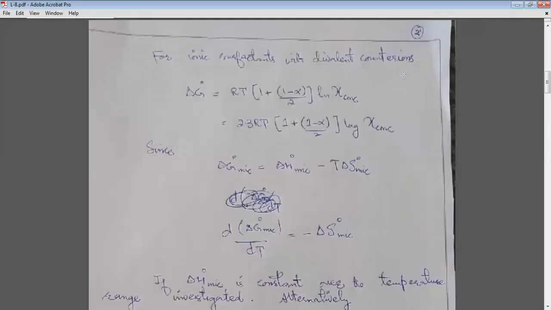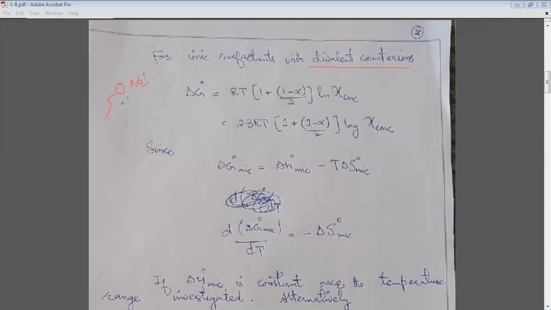Now we will focus on one more thing here: suppose now the counter ions are divalent. I have told you that if the head group contains a single negative charge and Na positive is there, this is a 1:1 type of electrolyte.